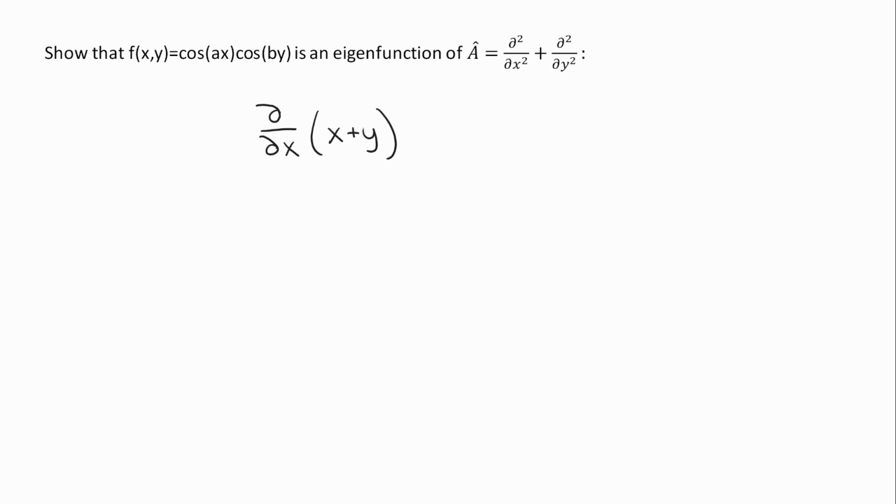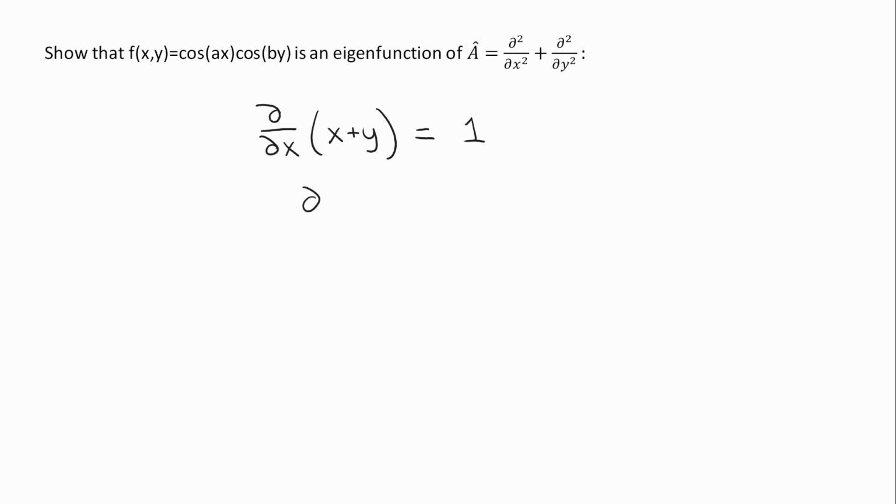Normally x and y are both variables. But when you're taking the partial derivative with respect to x, you treat y like a constant. So the partial derivative of x plus y is just going to be 1. The y is a constant, so that'll go to 0. But the derivative of x is just going to be 1.